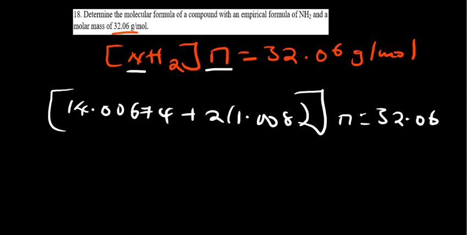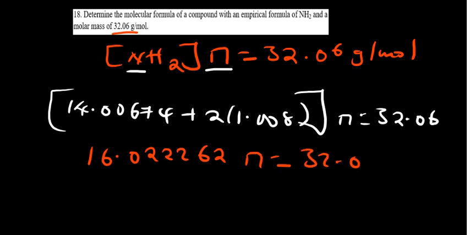So what do we have as our molar mass in this case? Basically our determined value is going to be 16.022 after adding what we have in brackets. N equal to 32.06. So at this point we can divide by 16. So what we're going to have is basically just a 2 as a whole number.